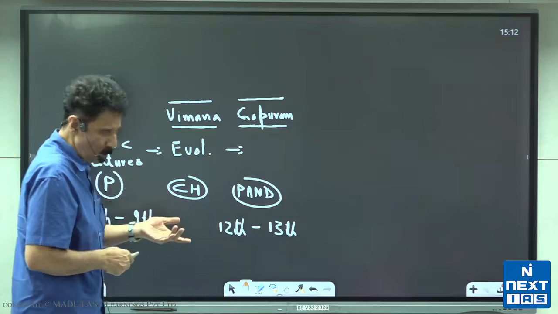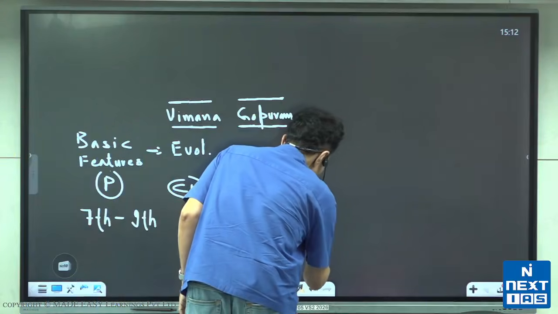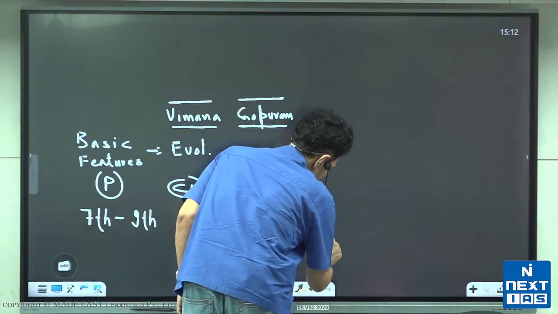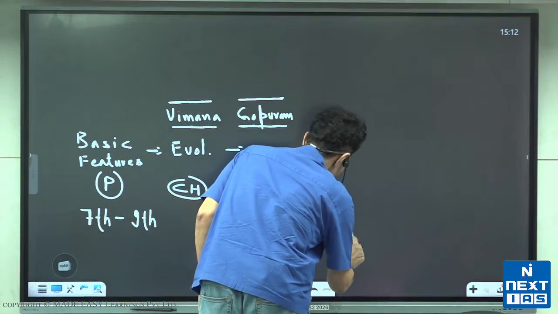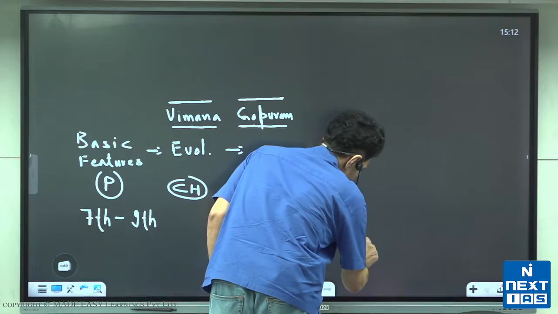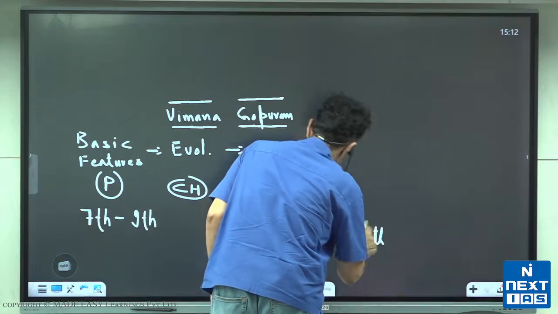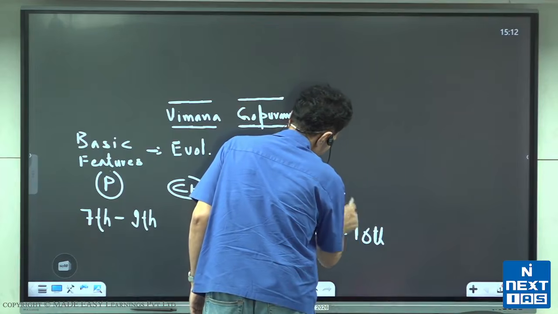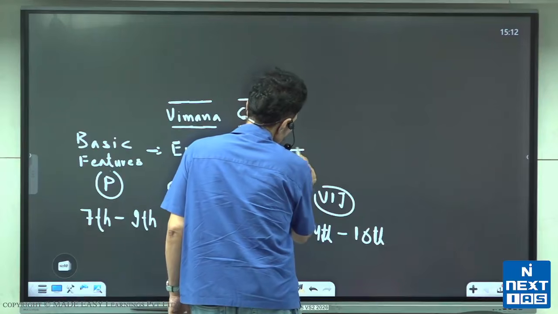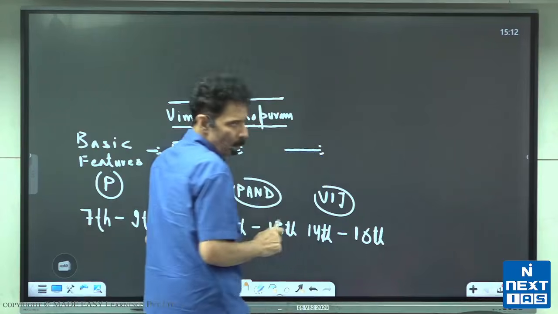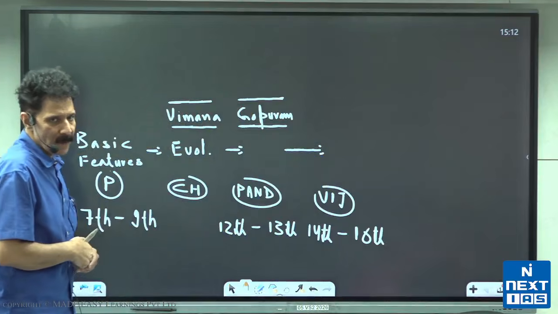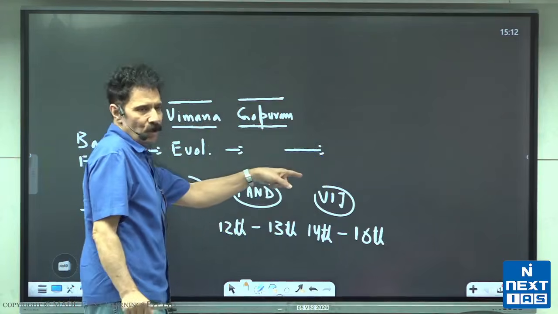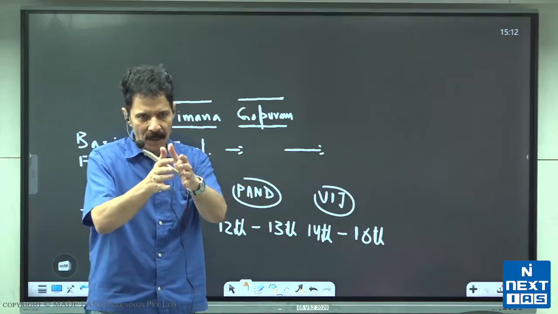Now the fourth topic. 14th century CE to 16th century CE. During Vijayanagar kingdom. Further evolution of the Dravidian style. And the focus in this evolution was what we call horizontal elaboration.